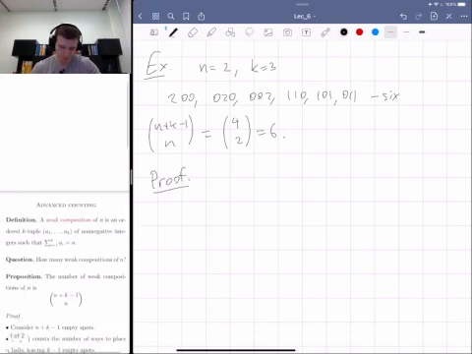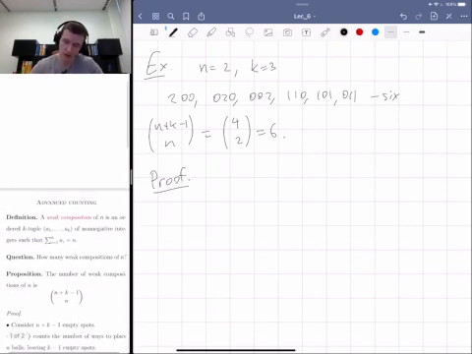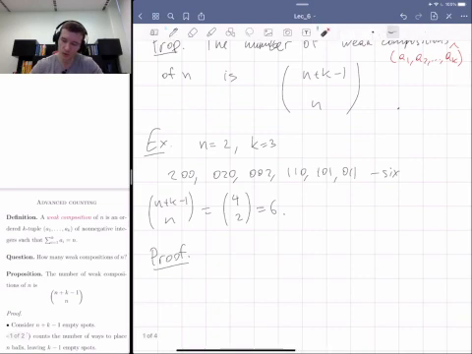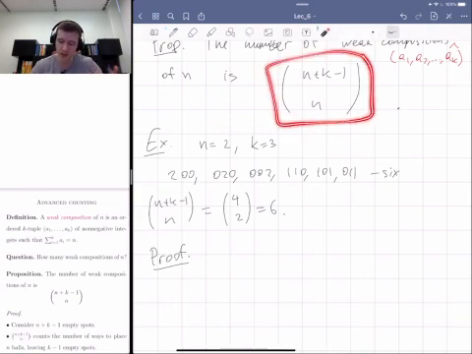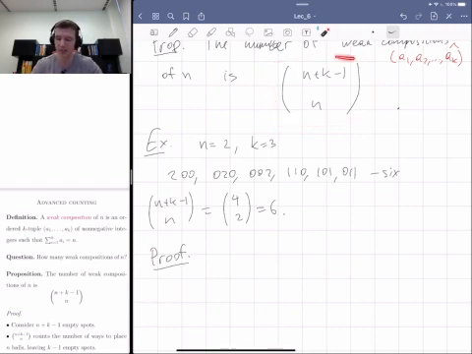So the idea is, you want to interpret this binomial coefficient as counting subsets. So you need to translate subsets into compositions. And maybe, because of the symmetry of binomial coefficients, n plus k minus 1 choose k minus 1.